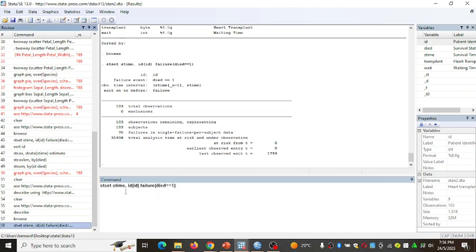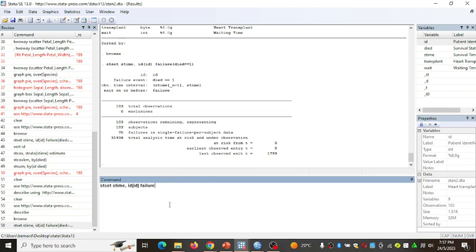For example, this is for setting this data to be in survival analysis format. You remember even for time series, there was a set somewhere, TSS set, but this is ST set. So this is for survival time analysis.